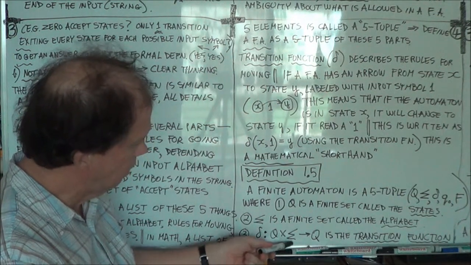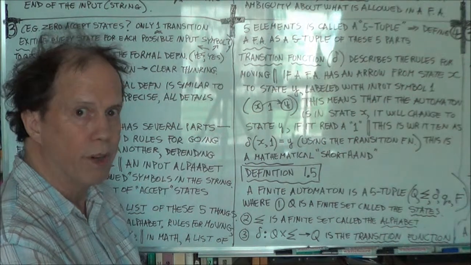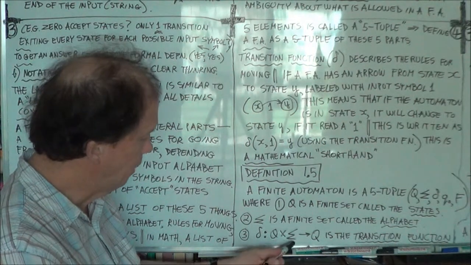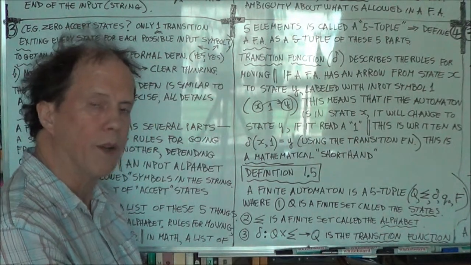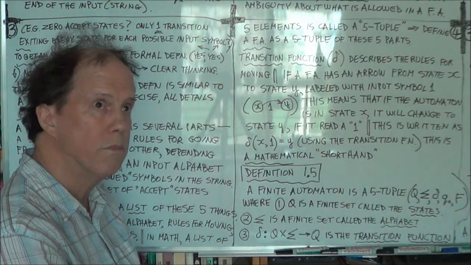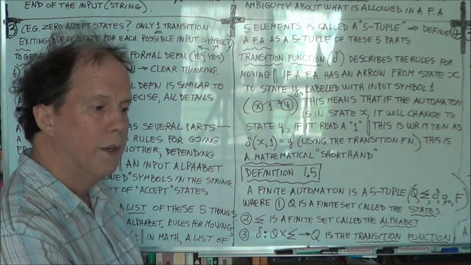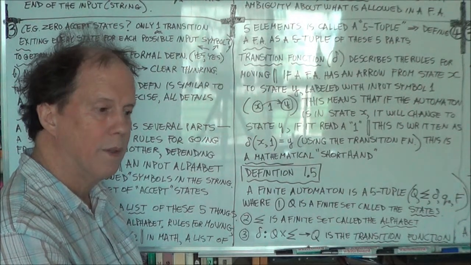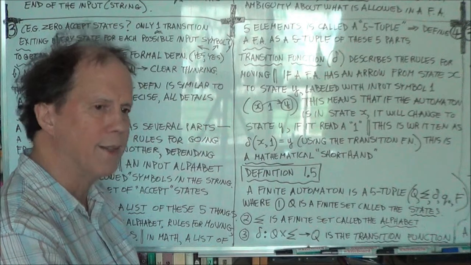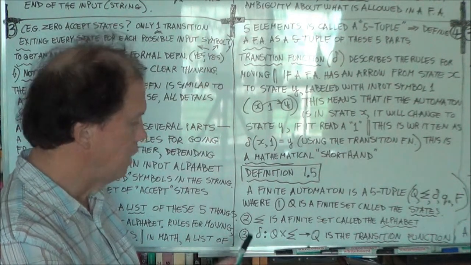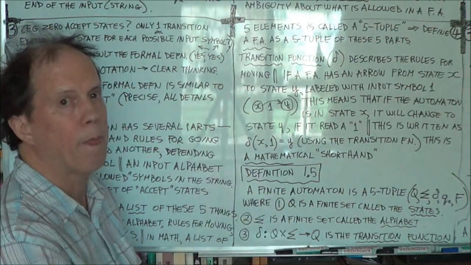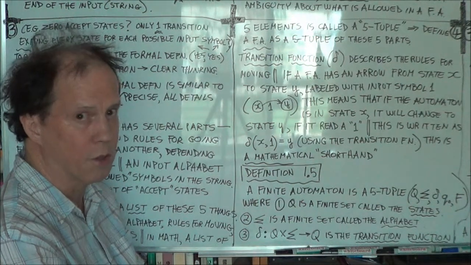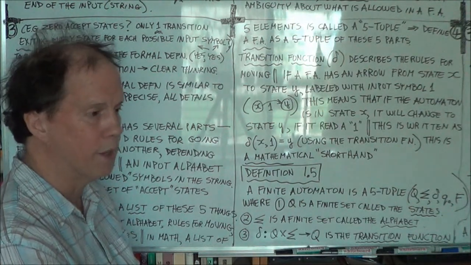Now, why is this written here in the form of a Cartesian product? Well, remember, what is a Cartesian product? Right? It's an ordered pair, x comma y. Well, you have a Cartesian product of two sets, A and B. So A cross B. It's often called the cross product as well, Cartesian product.